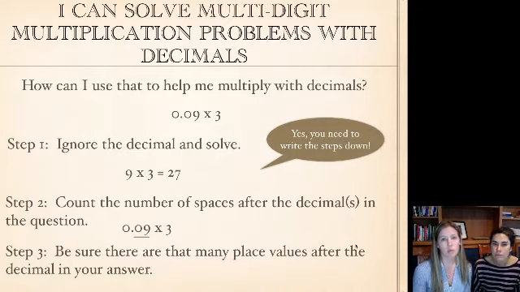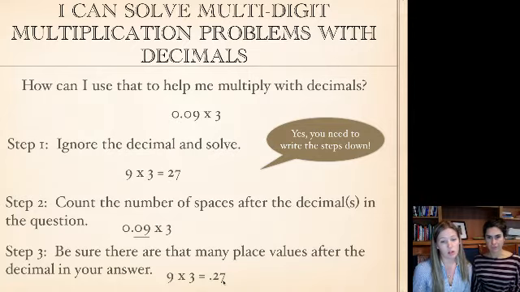If our answer was 27, I need to make sure I have 2 spots after the decimal. So 1, 2. My decimal would go here, and that's where I have it. That is the steps for solving a problem like this, which you've seen before, so this should not be new.